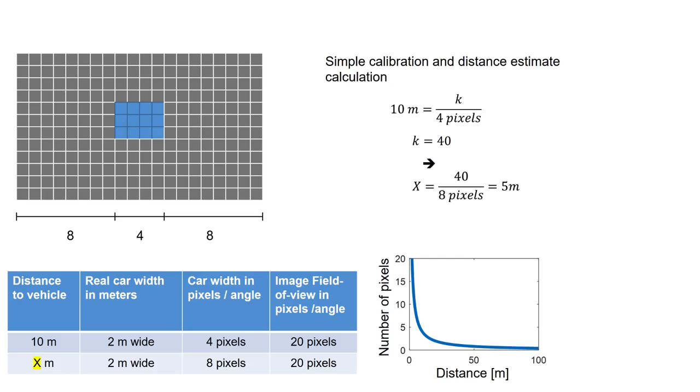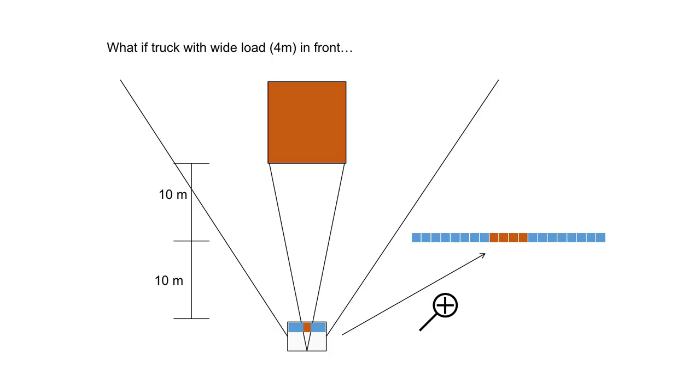In the previous slides, we assumed that the width of the object was constant, or at least that we know the width. However, let's say that the object in the previous images was a small car. Now consider the object instead being a wide truck. The number of pixels on the image at 20 meters is the same as for a car at 10 meters.